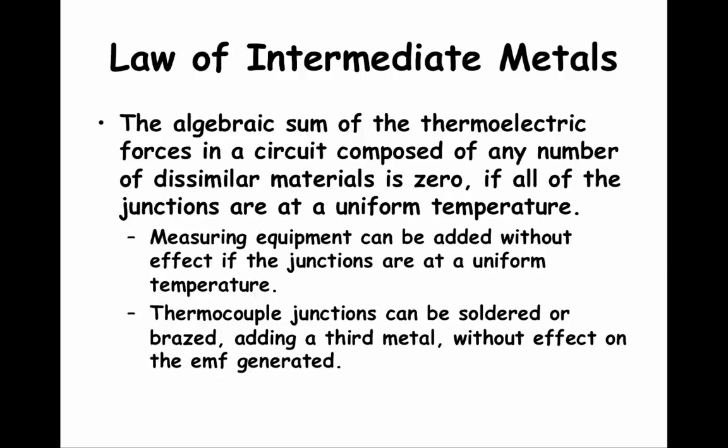So we can add equipment to the circuit, and as long as all of the equipment junctions are at the same temperature, the total EMF is zero, and it does not affect the measured EMF. A second consequence is that we can use solder to make thermocouple junctions, and the third metal does not affect the EMF generated. This is great news because this makes it easy to make junctions in the field using normal soldering techniques.